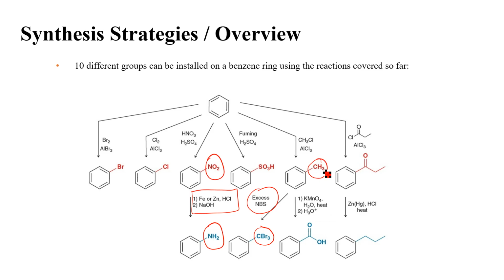We also said that we can make this a carboxylic acid with KMnO4, or if you want, you can use some sort of chromium agent, like Na2Cr2O7 or CrO3, whichever chromium agent you want. But bottom line is definitely commit this to memory, okay? Because you're going to need this.